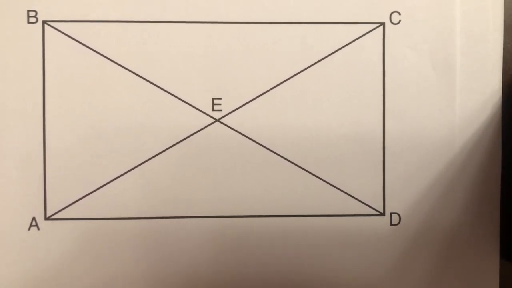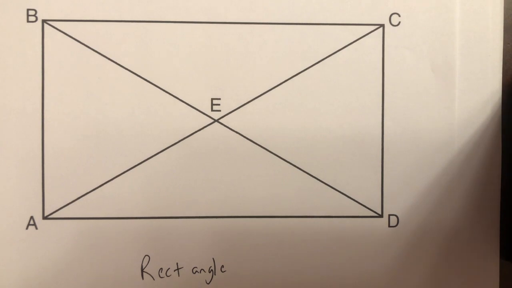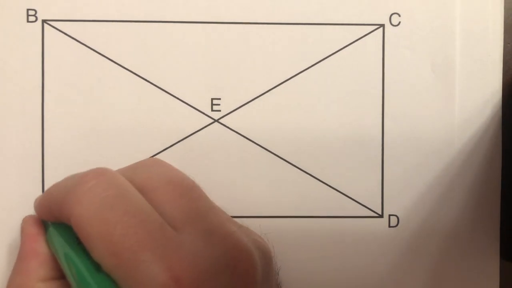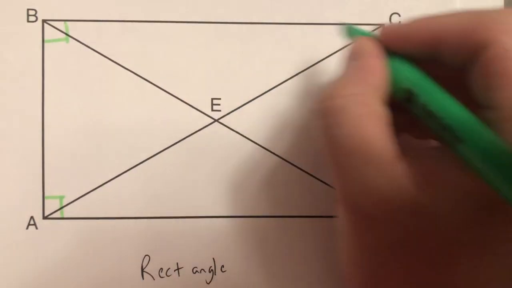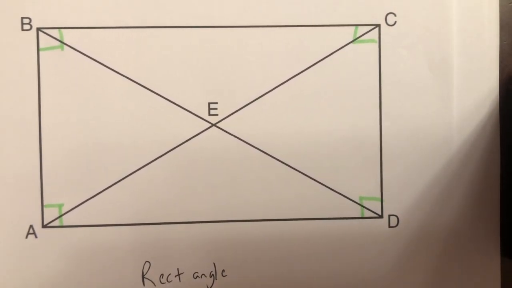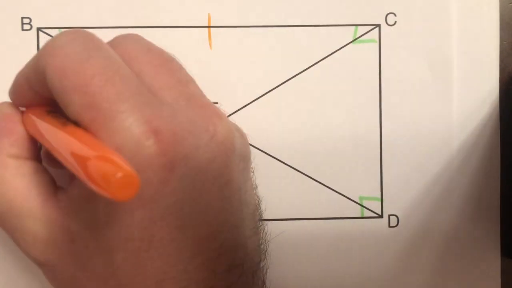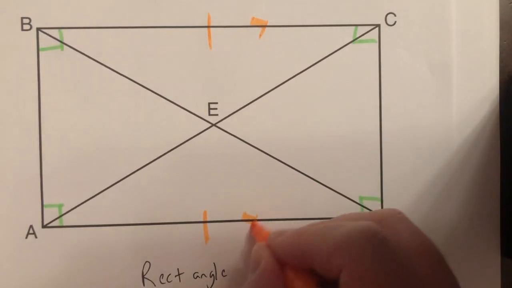Next, we have the rectangle, where all angles are congruent, 90-degree angles. Opposite sides are congruent and parallel.